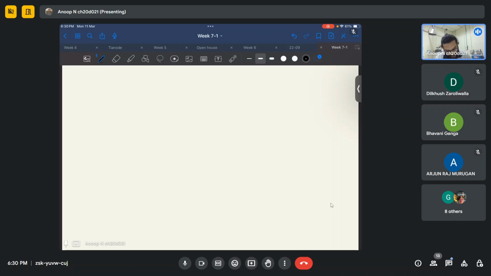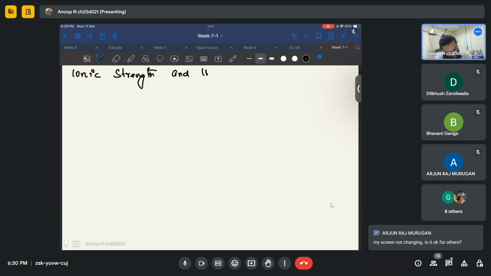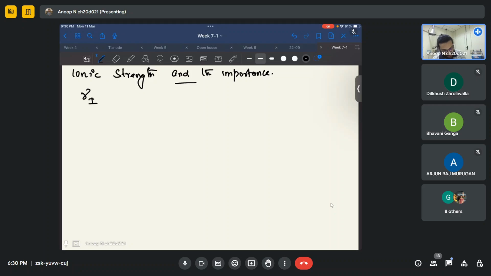So the next term we have seen is ionic strength and its importance. Here, for an infinitely dilute solution, we can write gamma plus minus is equal to 1. Gamma plus minus is nothing but gamma.